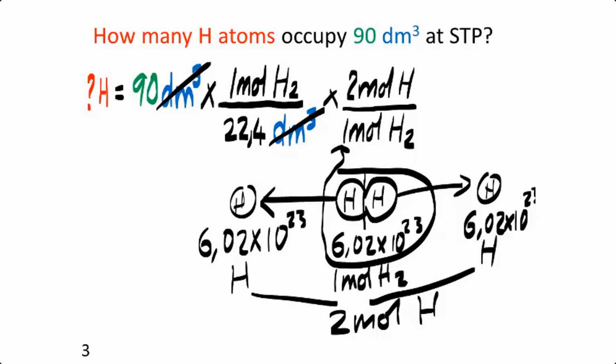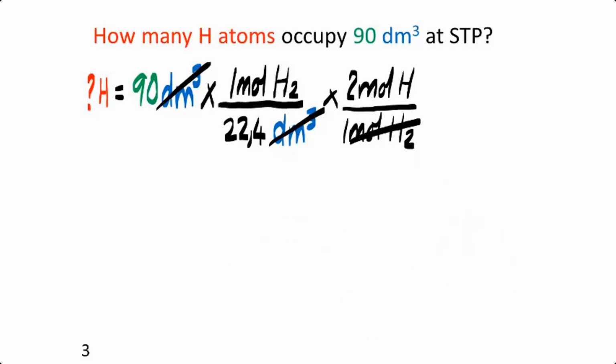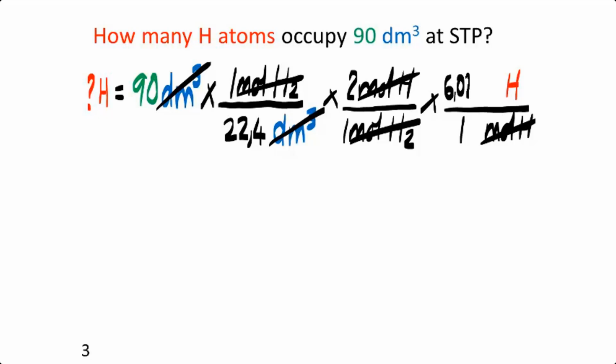Now equivalent values. So that cancels away the unit mole H2, but it introduces a unit mole H, which isn't yet what we are asked about. So we need another conversion factor, mole H at the bottom, to cancel away that. And now at last we introduce the unit we actually need, which is H. And we know that 1 mole of H atoms is 6,02 times 10 to the power 23 H atoms.